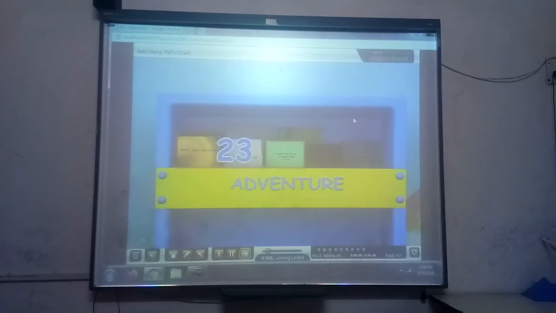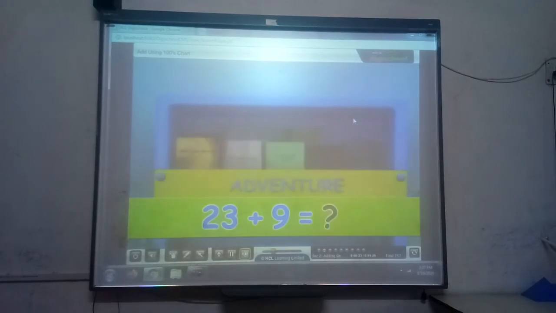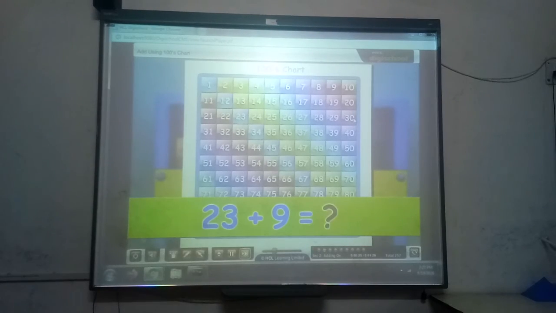Bonnie has 23 books, while Sandy has 9 books on adventure. Let's see how Sandy adds 23 and 9 using the hundreds chart. First, locate 23 on the chart.